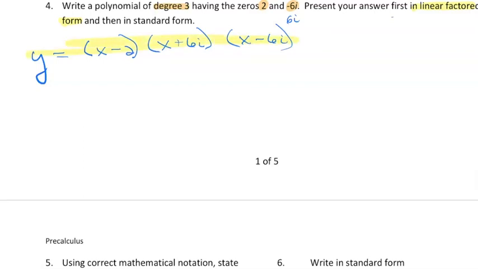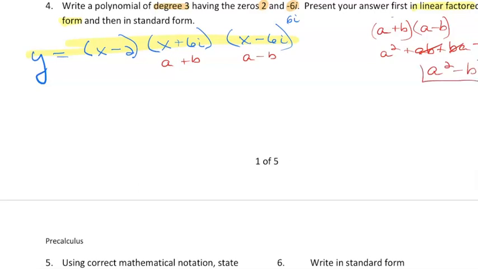Okay, next thing. Take that linear form and put it in standard form. All right, so one thing I want you to always note is that this is a plus b and this is a minus b. So if I FOIL a plus b and a minus b, if you do it all out, you're going to get this. Okay, these will always cancel, so therefore I get this for a final answer.